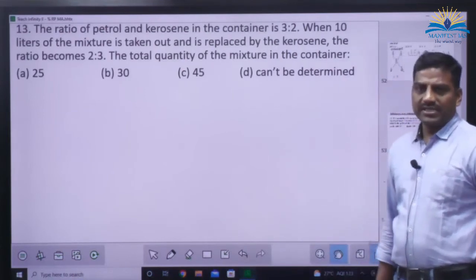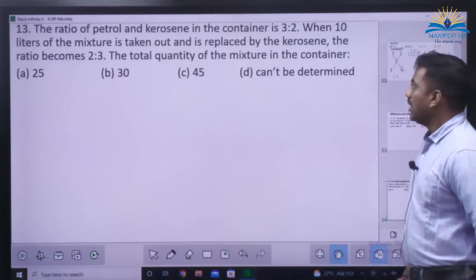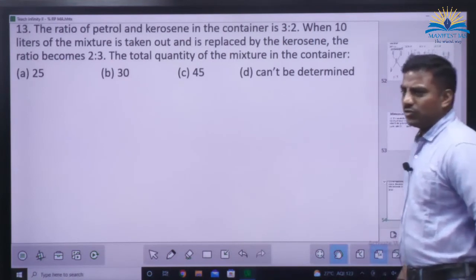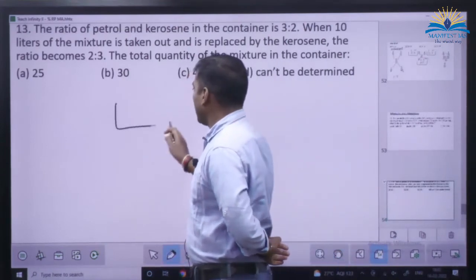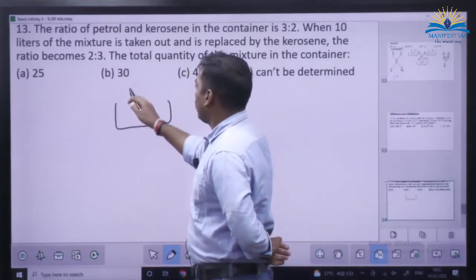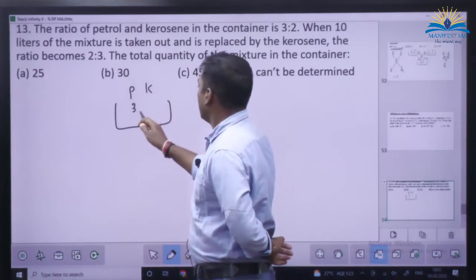Just listen, okay? The ratio of petrol and kerosene in the container is 3:2, just like our spirit and water.